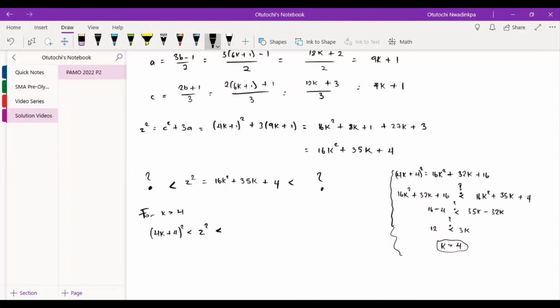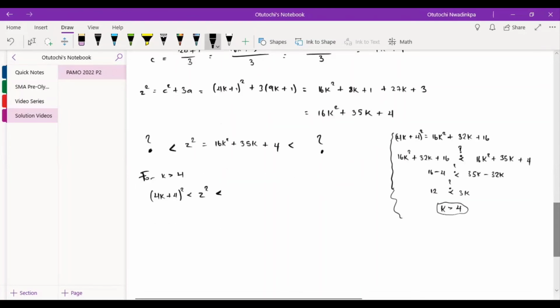Okay, so now let's test z squared with (4k plus 5) squared. Remember, this will help us to bound z at the other exterior end. So let's see if it's strictly greater than z squared or not. So we have (4k plus 5) squared equal to 16k squared plus 40k plus 25.